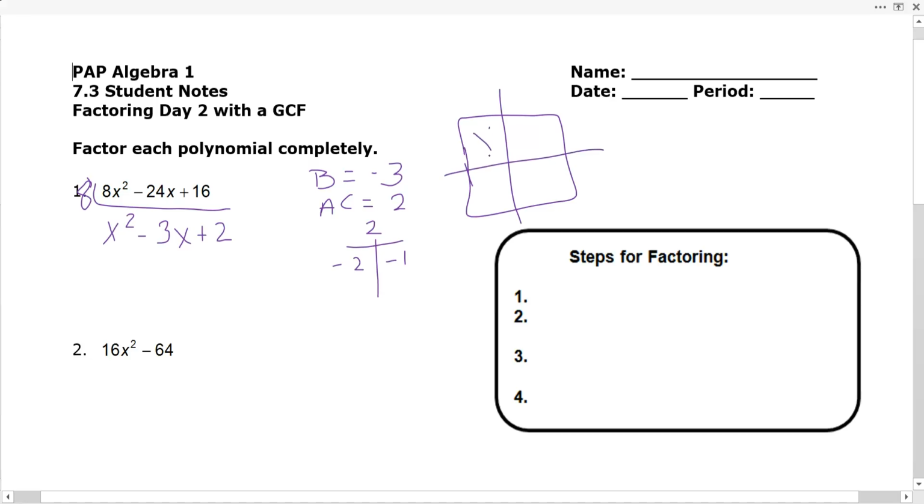I'm going to put my x squared up here, my 2 down here. Then I'm going to put in -2x and -1x. It doesn't matter where I put them because it'll come out the same either way. My greatest common factor for the top is x. My greatest common factor on the bottom, remember the negative's the first thing, so it's -2. My greatest common factor on the left side is x.